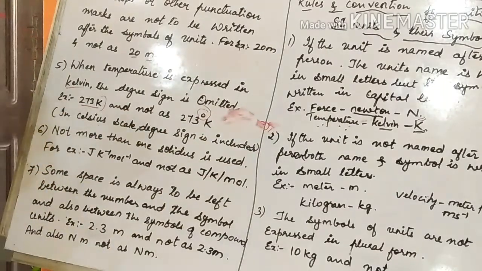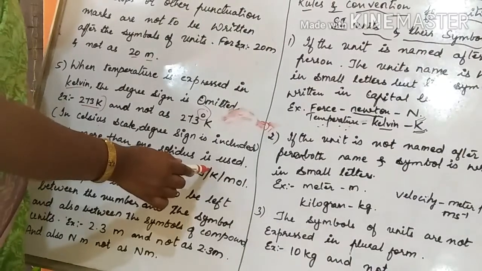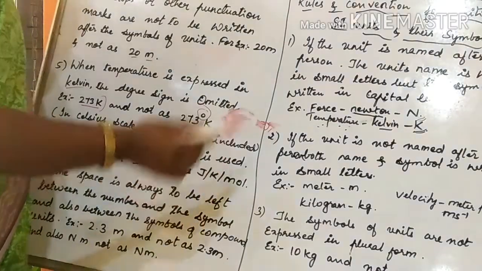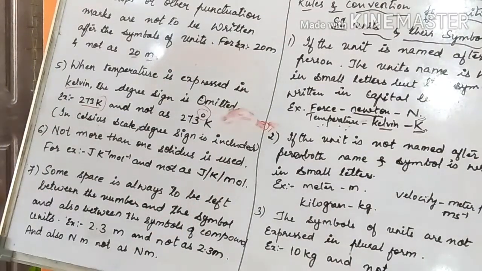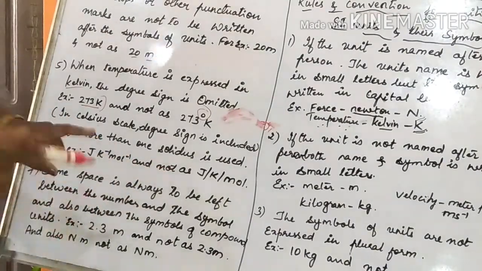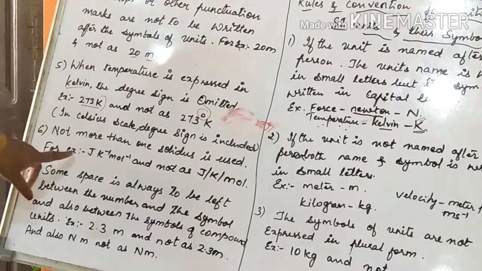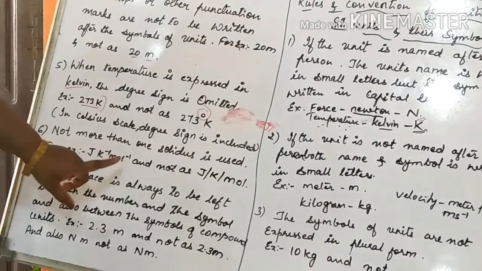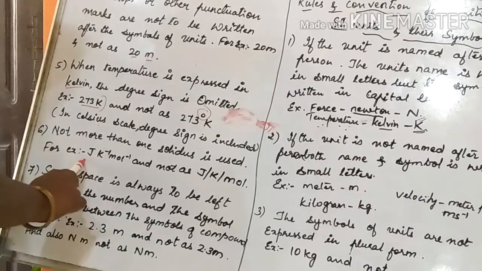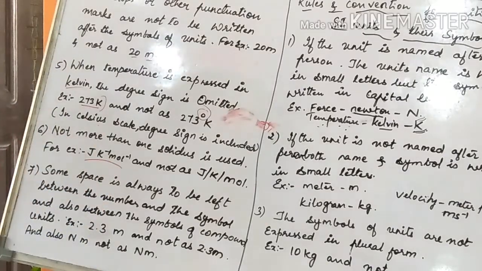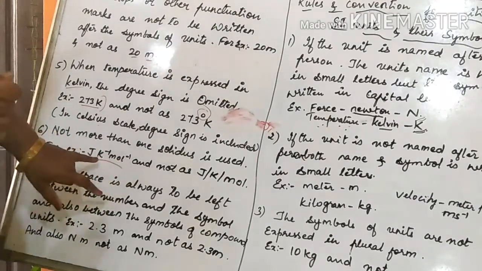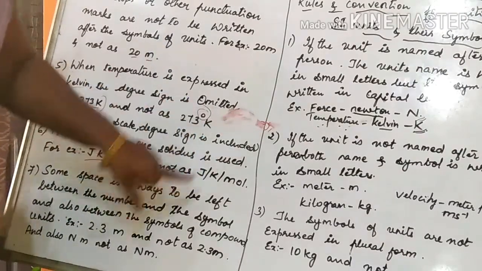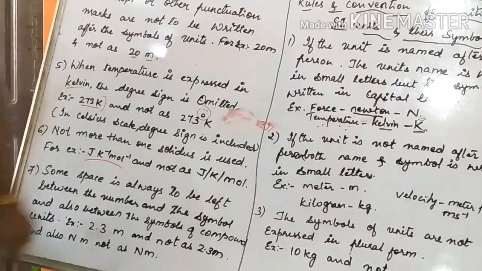Now, not more than one solidus is to be used. Solidus is nothing but the slant line we use in units. Only one you have to take, not more than that. For example, joule per Kelvin per mole, the unit for specific heat, should be written in this form, not with multiple slashes.